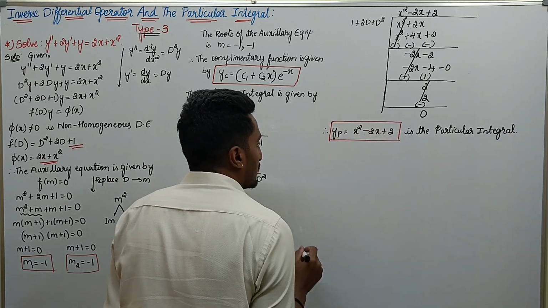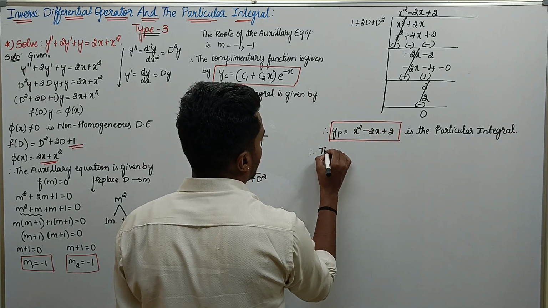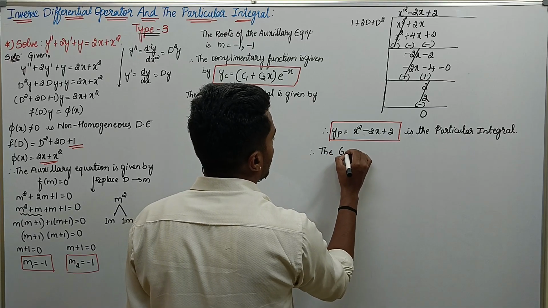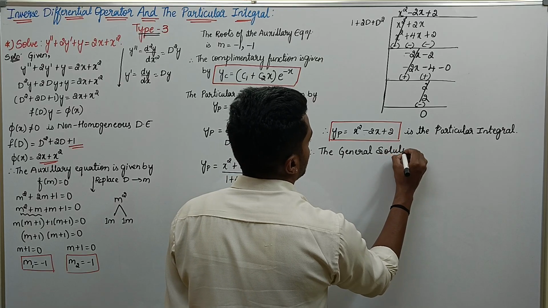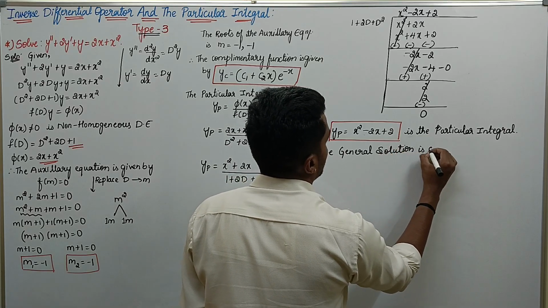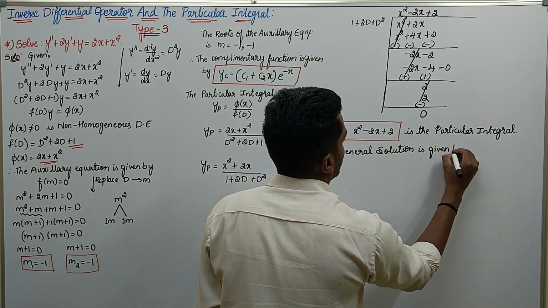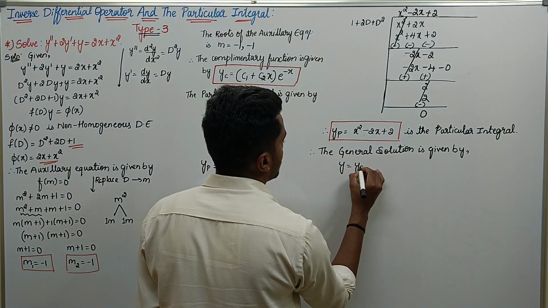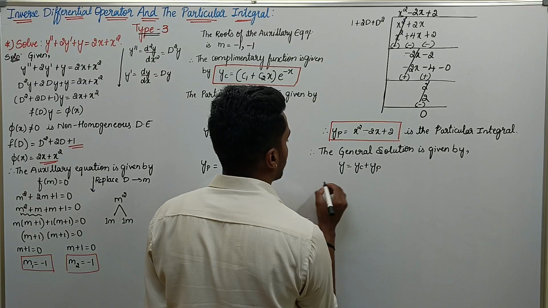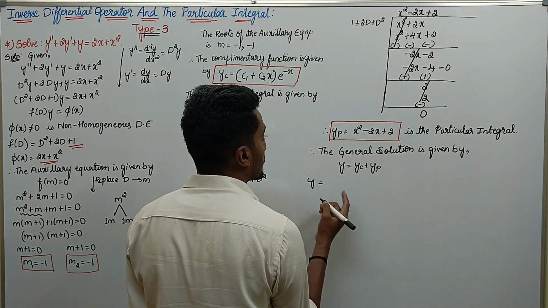Now, therefore, the general solution is given by y equal to yc plus yp. What is yc?